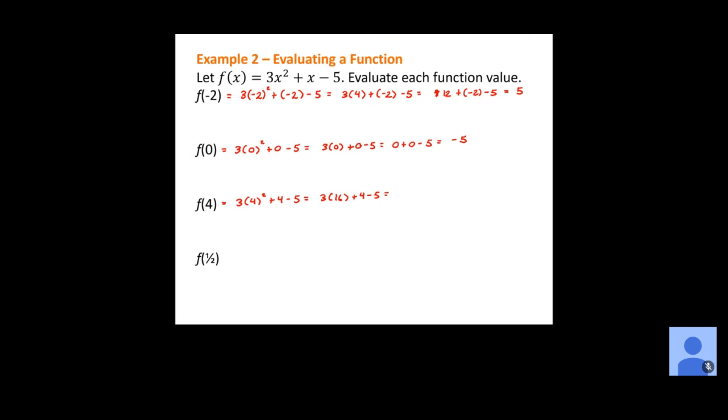Now if we multiply, what's 3 times 16? Good. 48 plus 4 minus 5. And that would give us what? 47. Perfect. Okay.